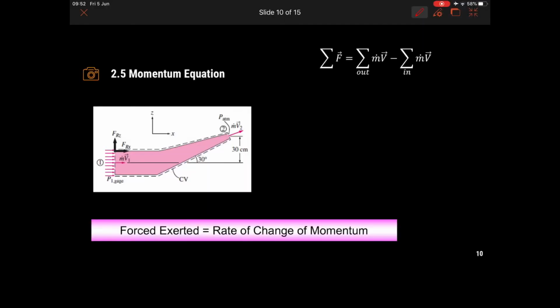How can we analyze this figure using this equation? Actually you can expand the total force involved according to the X and Y directions. If you look carefully at this figure, they give us the reaction force. The reaction force is something that we need to have.